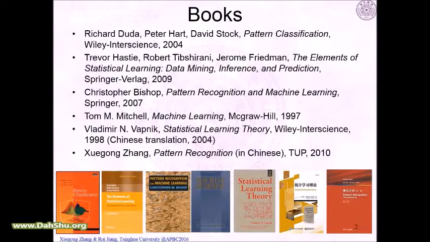There are some books, but these books are mostly on traditional machine learning. The latest progress in deep learning is not covered. You can see the books are quite old. Probably it's time to write some book on deep learning.